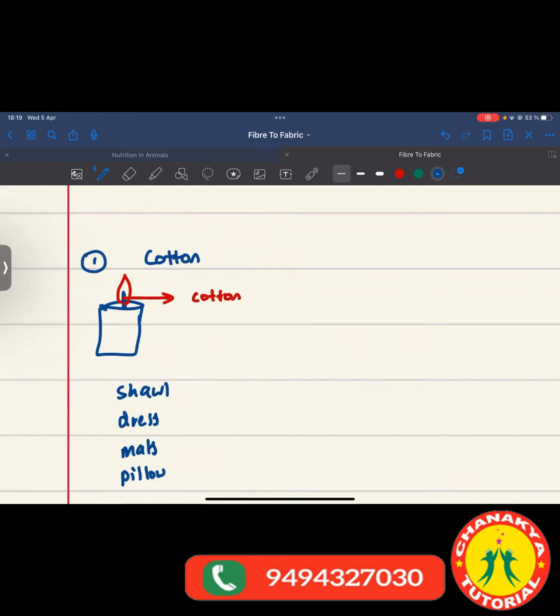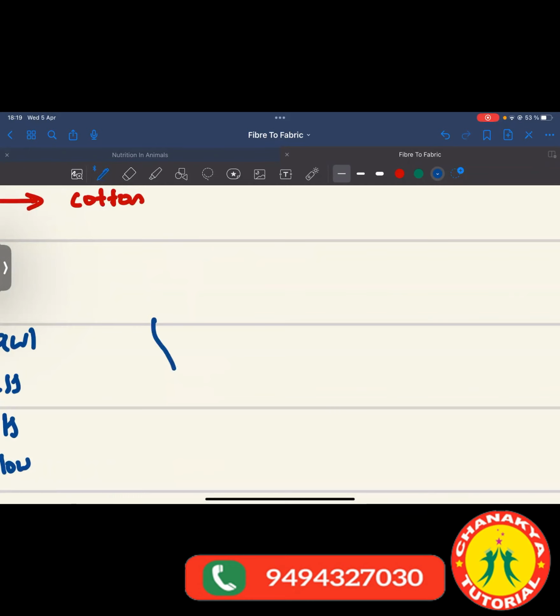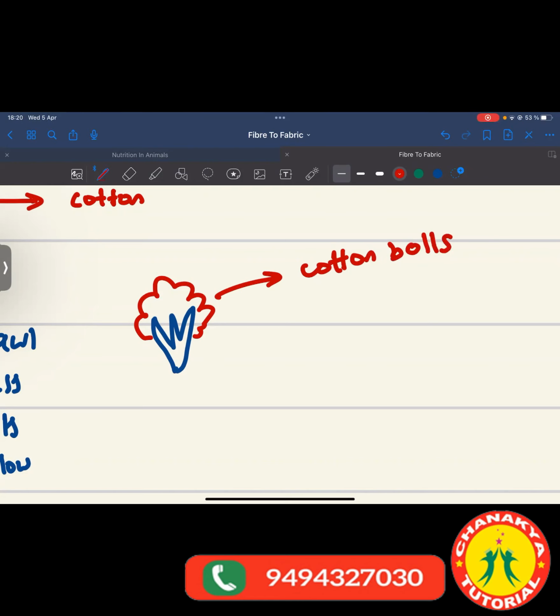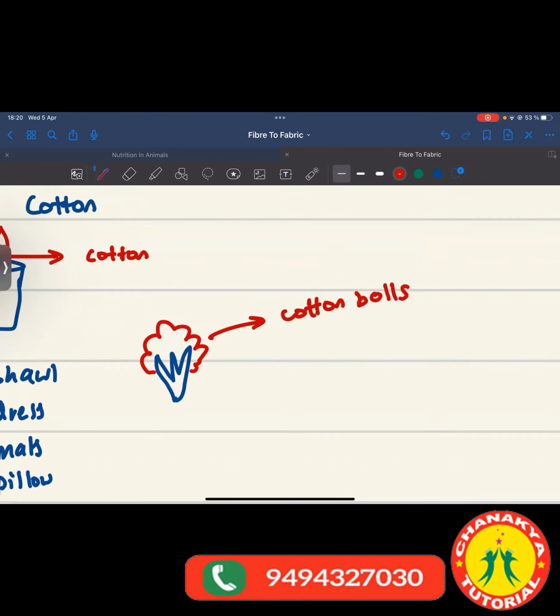There are plants, and large fields of cotton are grown. This is how cotton looks. These are known as cotton bolls. Basically the fruits get converted into cotton.